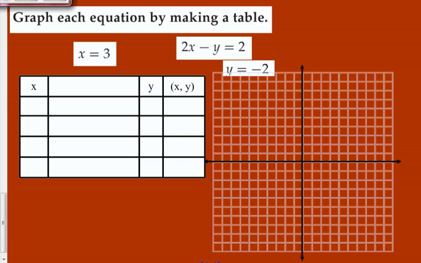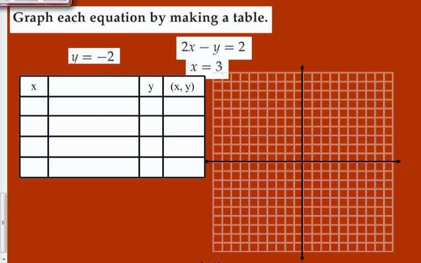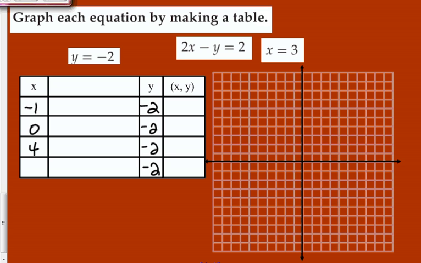Now if we do y equals, it's going to be the opposite. It says y is -2, y is -2 every time. X can be -1, 0, 4, 6, anything you want it to be. Because y is always -2.